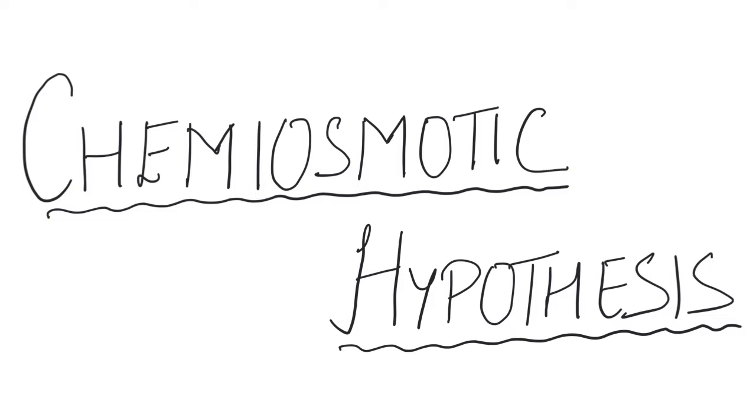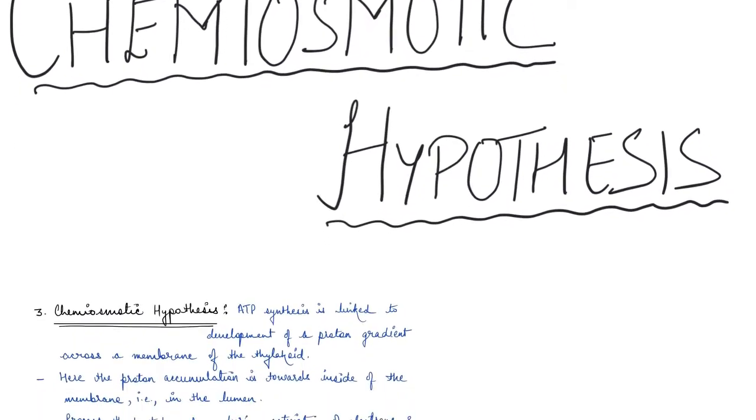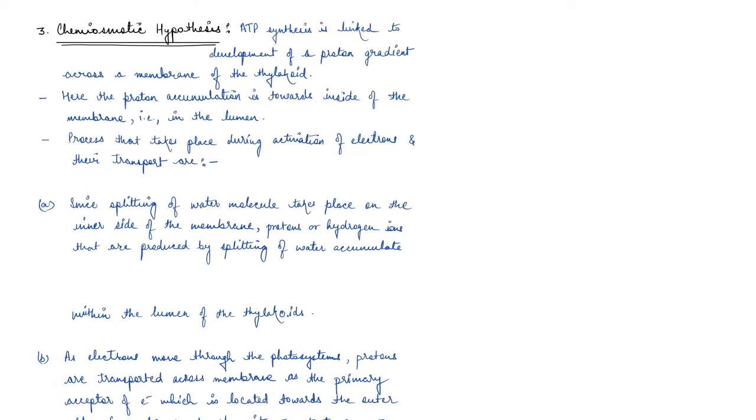Now here, what is the membrane involved in the synthesis of ATP? It is the membrane of the thylakoid. I hope you have gone through the previous videos that I have made for this chapter, where we have seen the exact structure of chloroplast, and we also studied the structure of thylakoids, right?